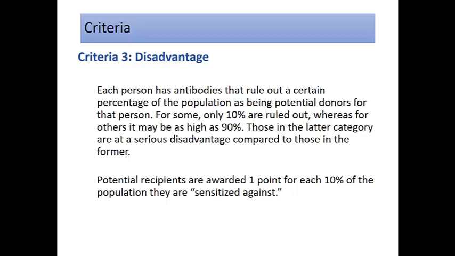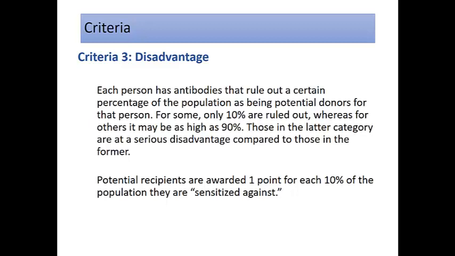Potential recipients are going to be awarded 1 point for each 10% of the population they are sensitized against. So, for the person who is only unable to match with 10% of the population, they will get 1 point. Whereas for someone who is unable to match with 90% of the population, we'll give them 9 points.